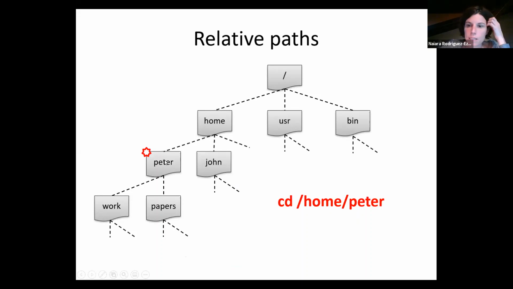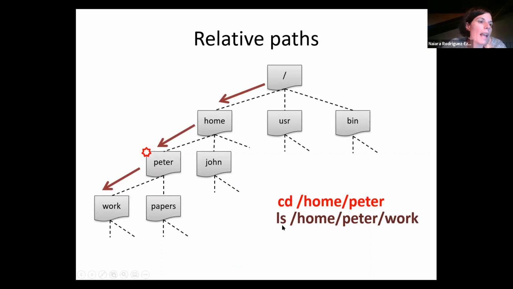If I want to list what is inside work, I could do ls home Peter work, so use the full path, or I could just do ls work, right? So if you are in your neighborhood and the person asks, where does Melissa live?